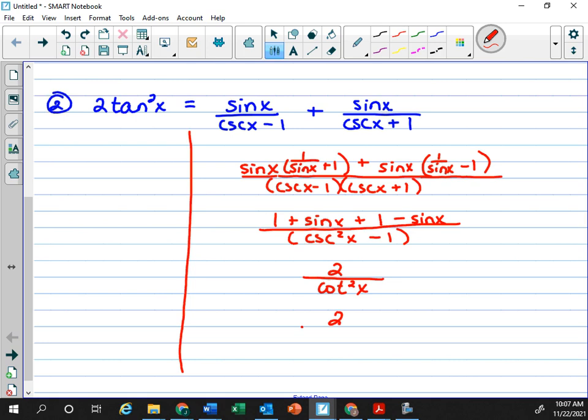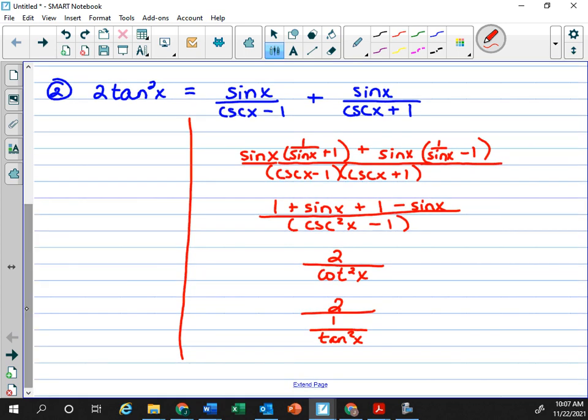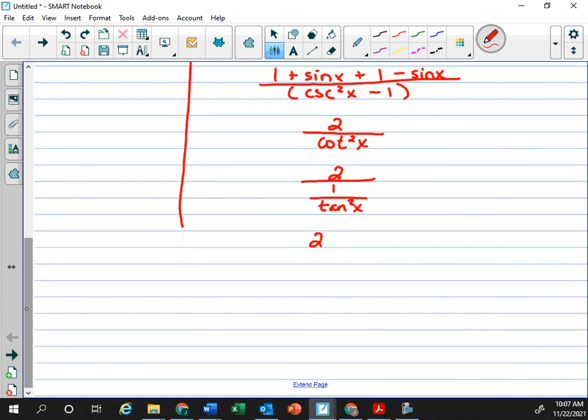If you want, you can also show, okay, cotangent squared is 1 over tangent squared, which means this is 2 tangent squared. Okay. Questions?